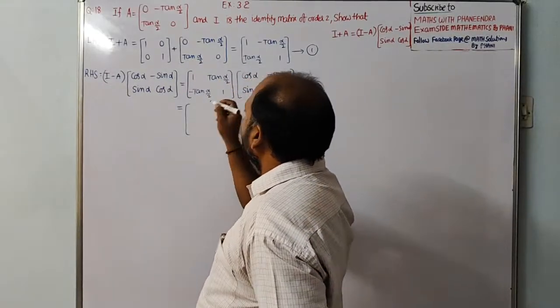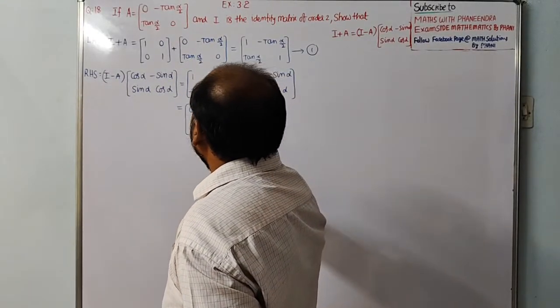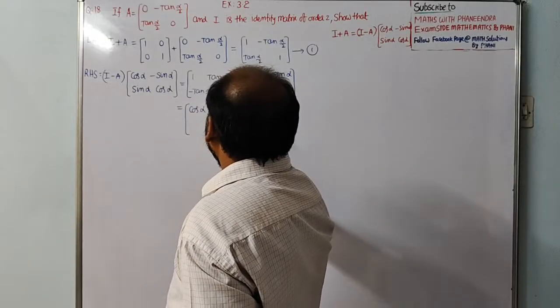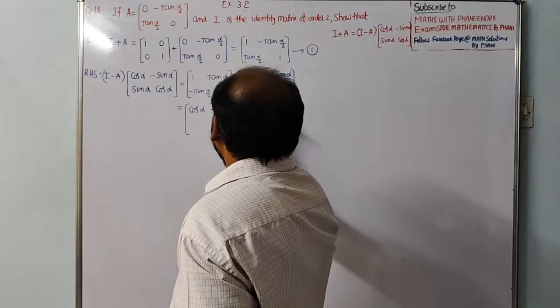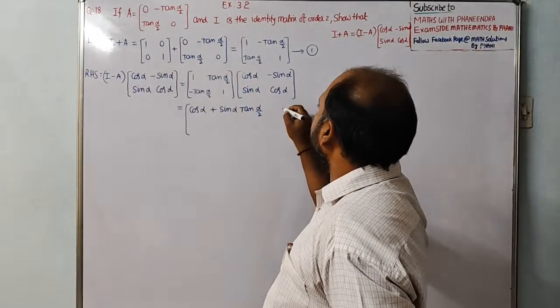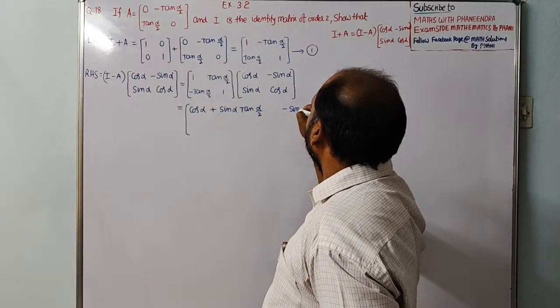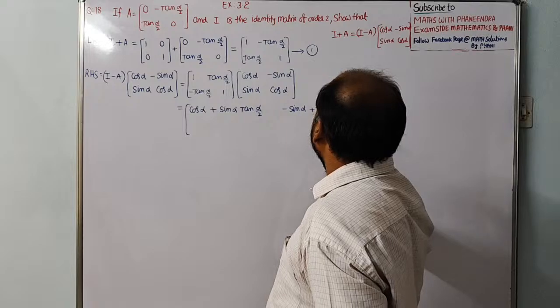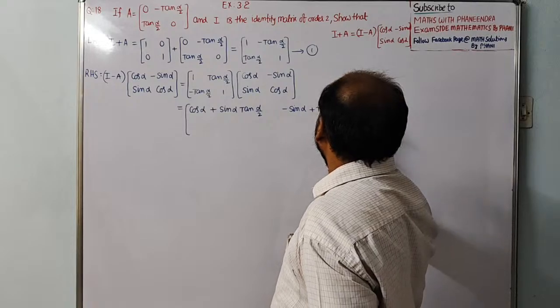How are we doing it? 1 into cos alpha is cos alpha, plus sin alpha into tan alpha by 2. Next, 1 into minus sin alpha plus tan alpha by 2 into cos alpha.